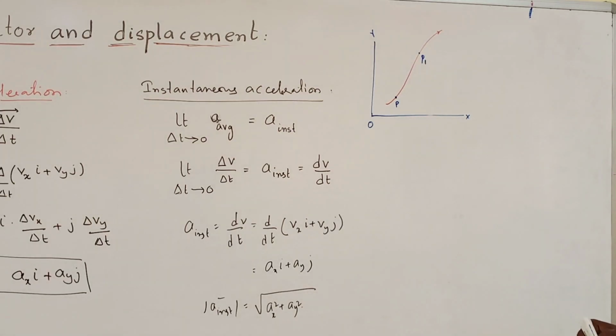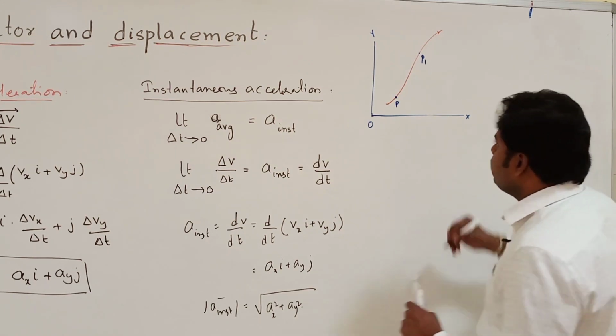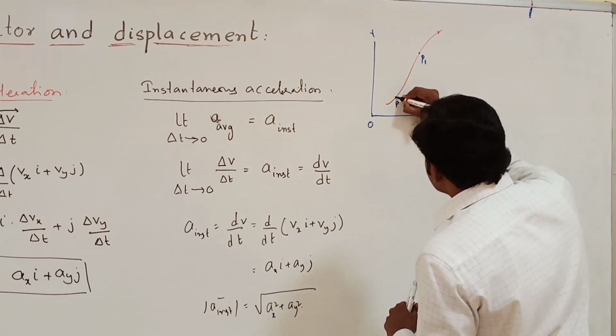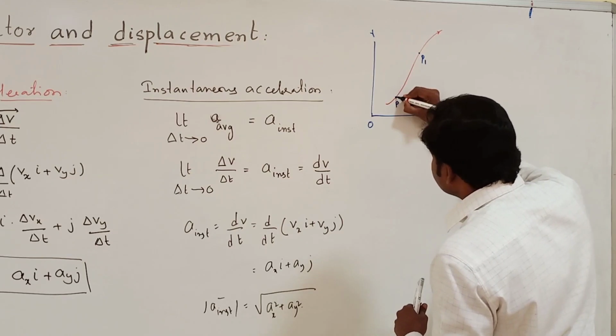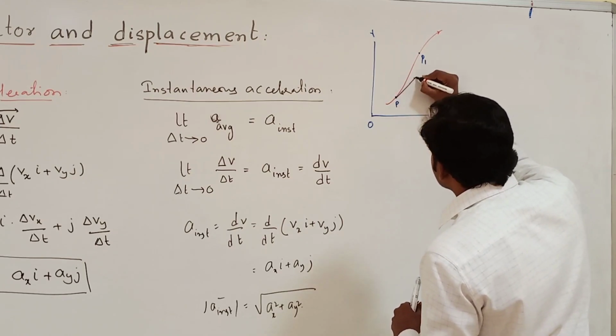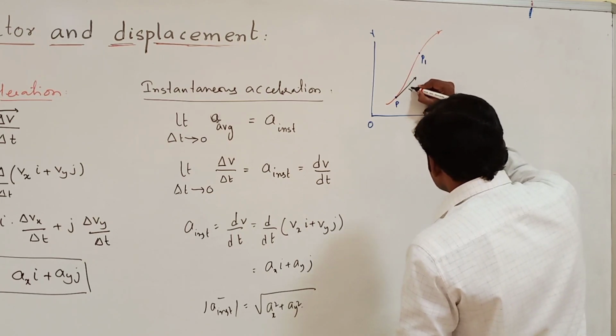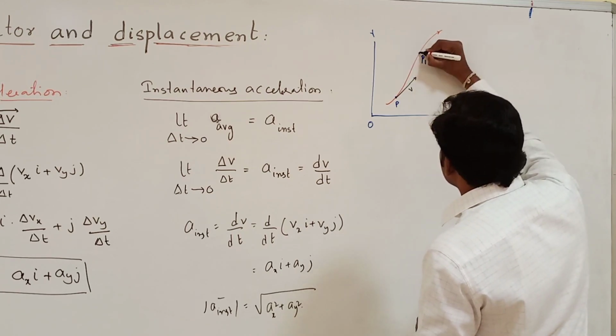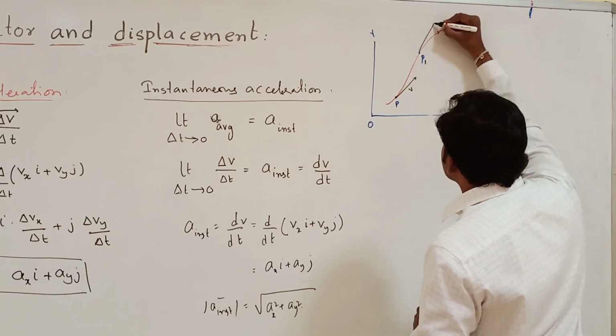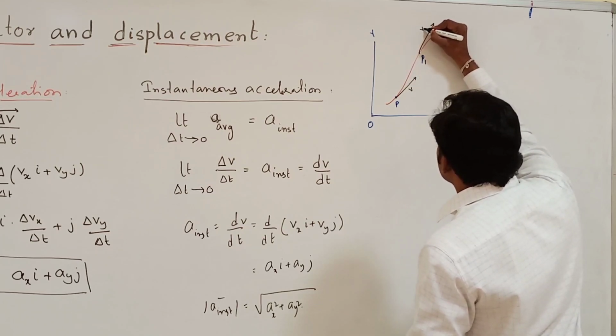Now, how to represent velocity? Velocity can be represented by drawing a tangent at that particular point. A line touching the curve at that point is called a tangent. This gives the velocity, V at P and V1 at P1.